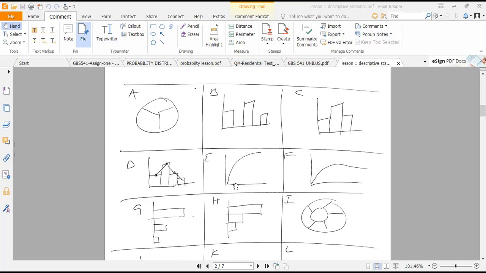E is a cumulative frequency graph. And F is a what? A relative frequency graph. The relative frequency falls down. And these are different forms of bar charts.